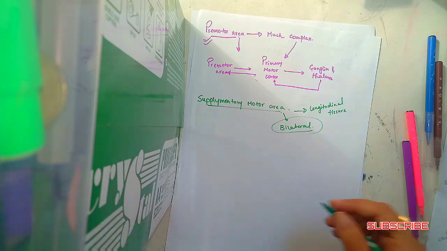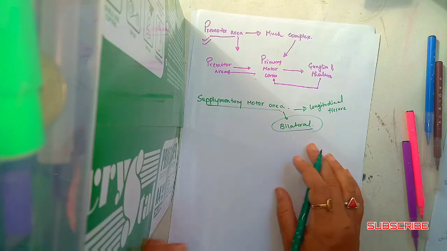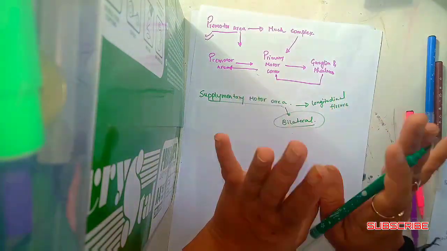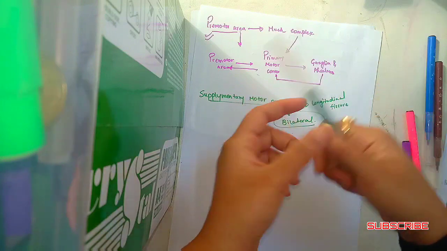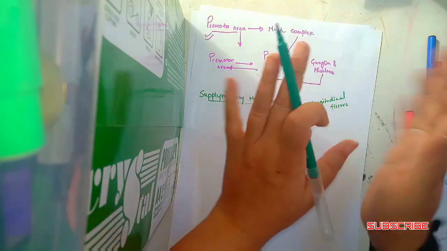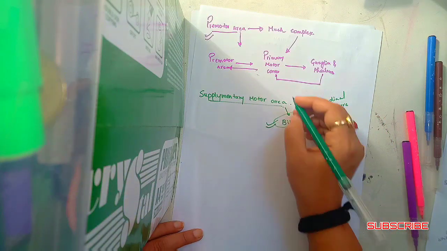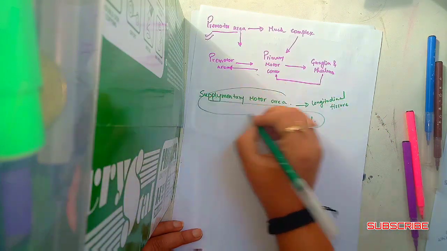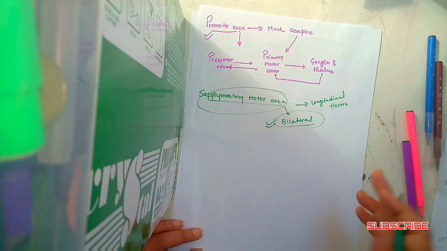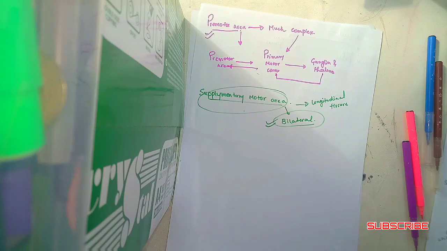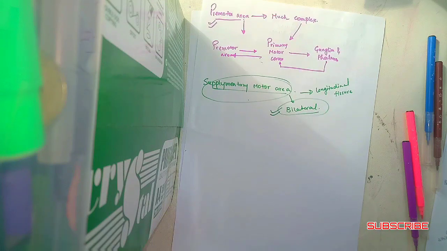Bilateral means if we work something, like I am working like this and both my hands are working together, doing the same thing, that is known as bilateral, and it is controlled by the supplementary motor area. If we move both the legs together, then under the control of the supplementary motor area we can move them easily.